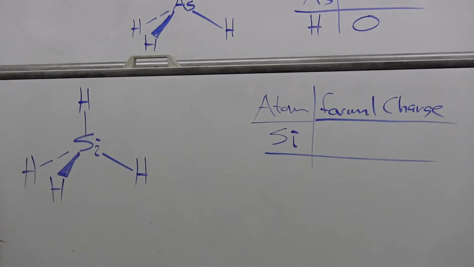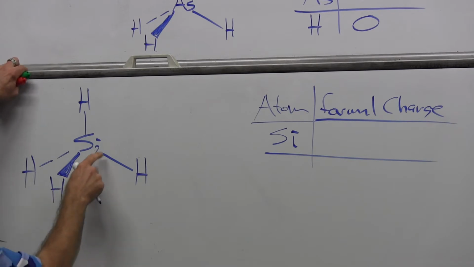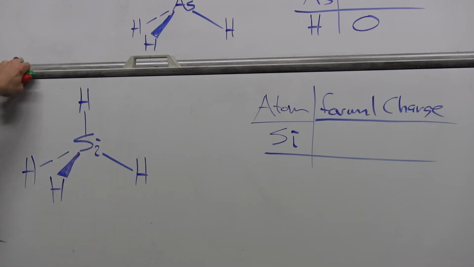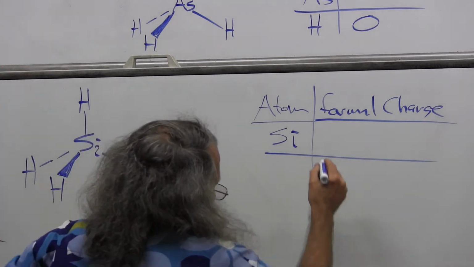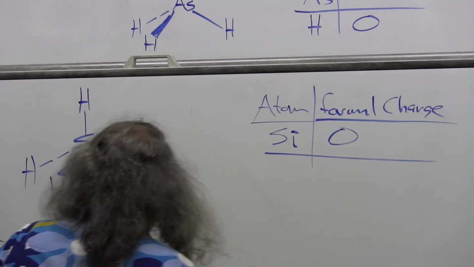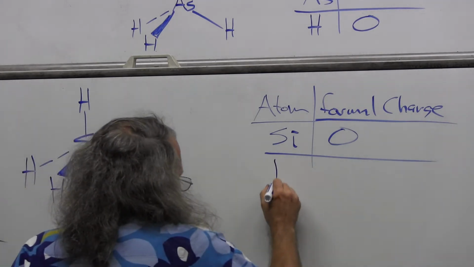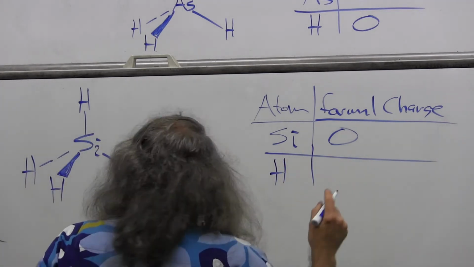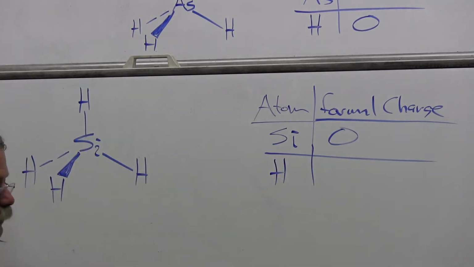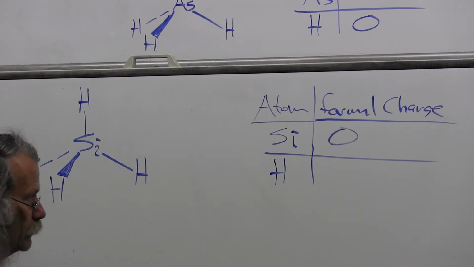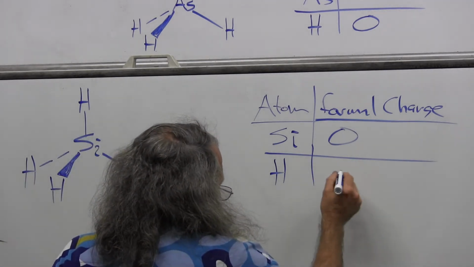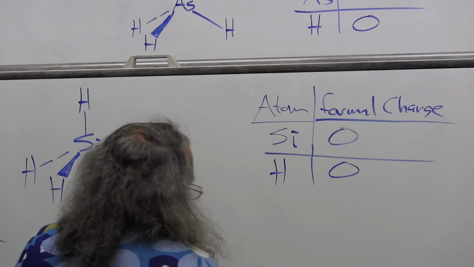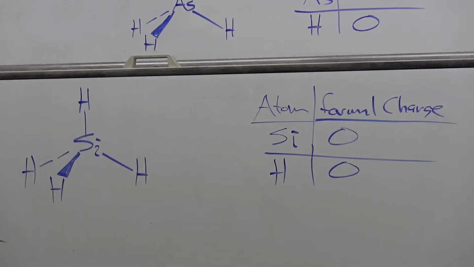And here I've got 1, 2, 3, 4 electrons, and it's group 4. So 4 minus 4 is 0. I got another 0 formal charge, and I've got my hydrogens. And each one has 1 electron. It's group 1. 1 minus 1 is 0 again. So I've got the 0 formal charge all about, and we're done with this particular case.